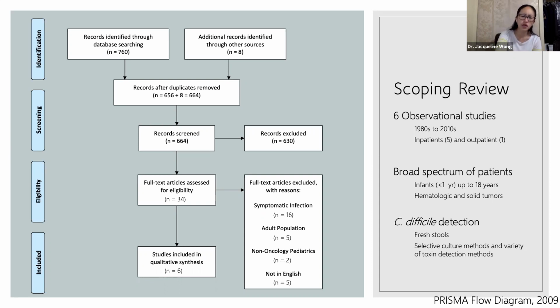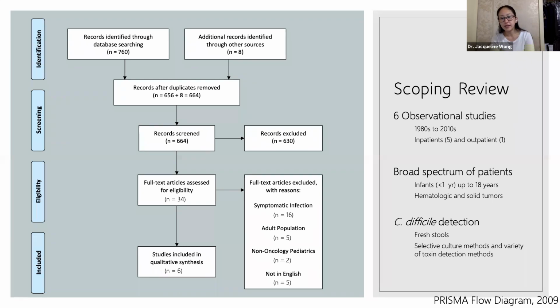All of them, or almost all of them, were prospective in nature. 5 of them looked at the inpatient setting and 1 looked at the outpatient setting. In terms of the included patients, the spectrum was quite broad. They really ranged in age in terms of which children were included, as well as their underlying oncologic diagnosis. For the most part, all of them used fresh stool to detect C. difficile using specific stool culture medium, but toxin detection methods varied significantly.